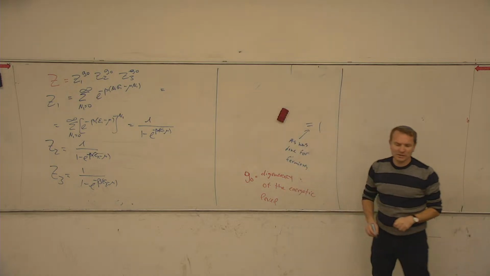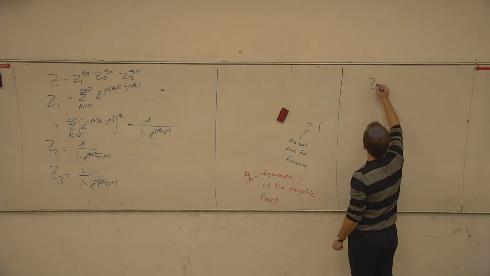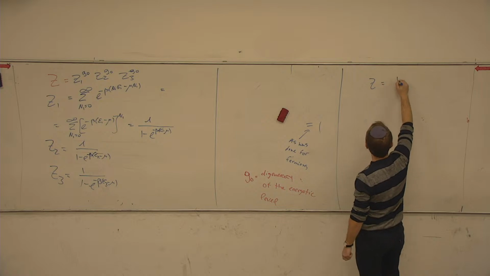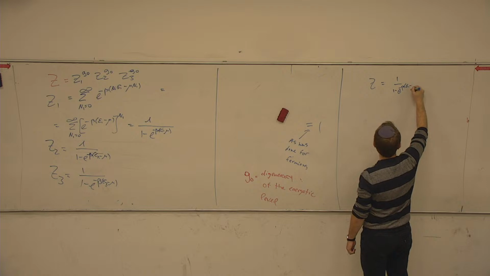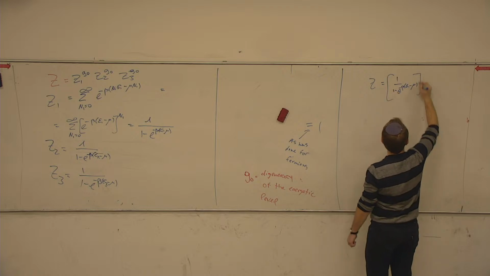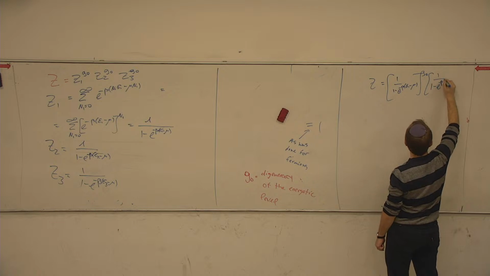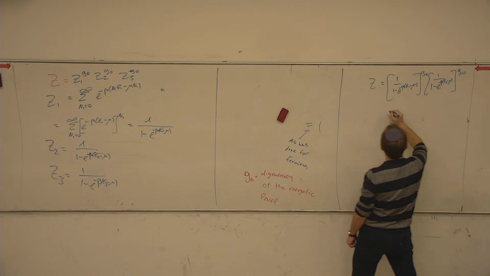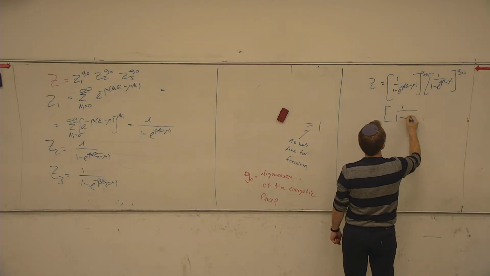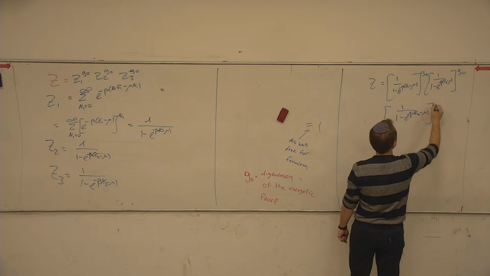It's like in probability, the moment that you have the probability density function, you should know everything. And we know that z equals 1 over 1 minus e to the power minus beta epsilon 1 minus mu to the power of g0, multiplied by 1 over 1 minus e to the power minus beta epsilon 2 minus mu to the power of g0, multiplied by 1 over 1 minus e to the power minus beta epsilon 3 minus mu to the power of g0.